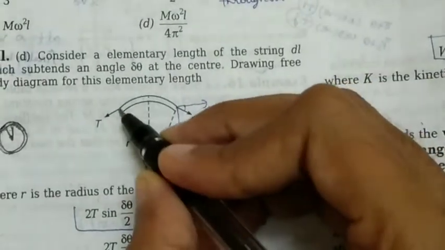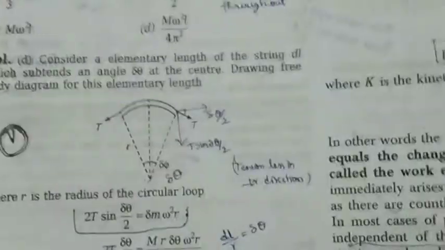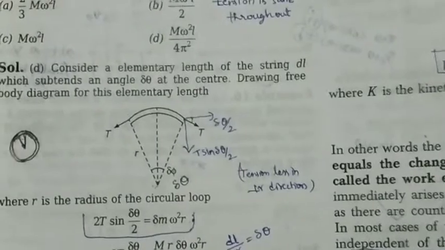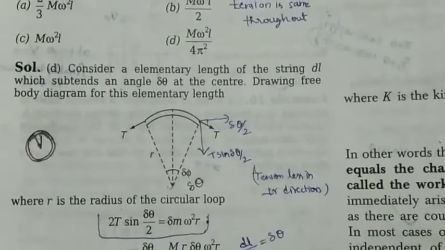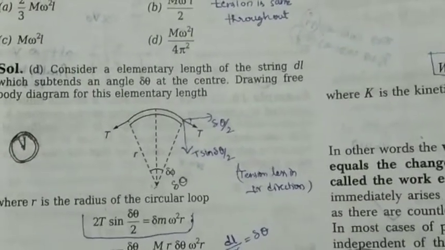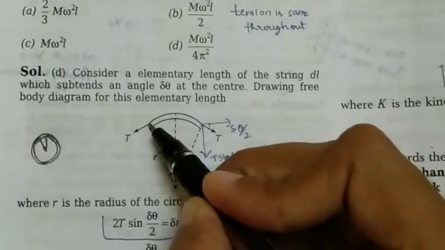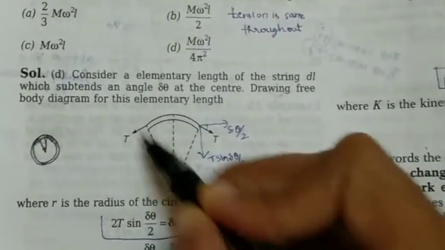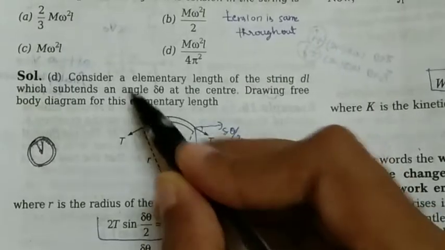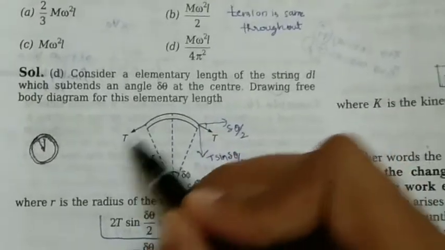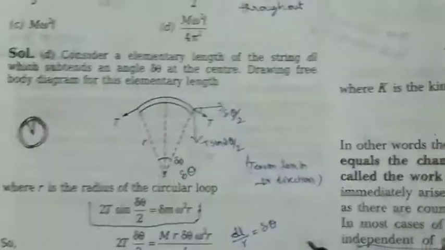The tangent is perpendicular to the radial direction. So this is the tangential direction and this is the radial direction. They are both perpendicular to each other.